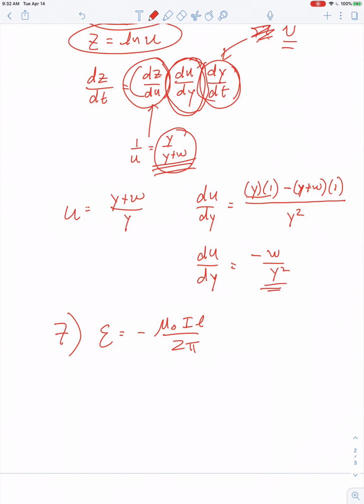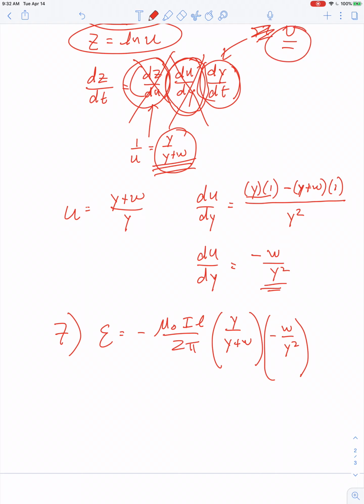So y over (y plus w), that's dz/du, times negative w over y squared, that's du/dy, and then times v, that's dy/dt.